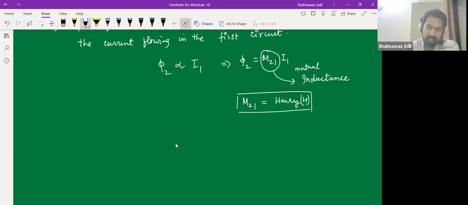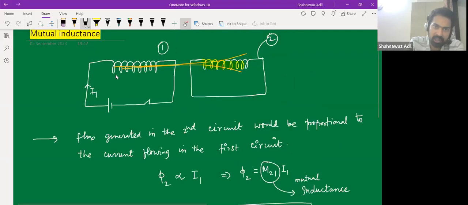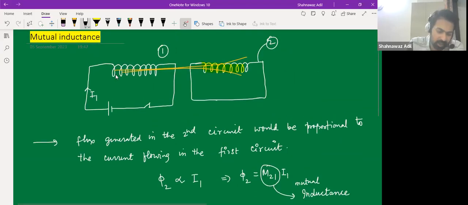Okay. Now, please note it down, and then we'll understand with the example of a solenoid. Just remember this, and then it would be easy to understand. The flux generated in the second circuit would be due to the current of the first circuit. That is the important part.